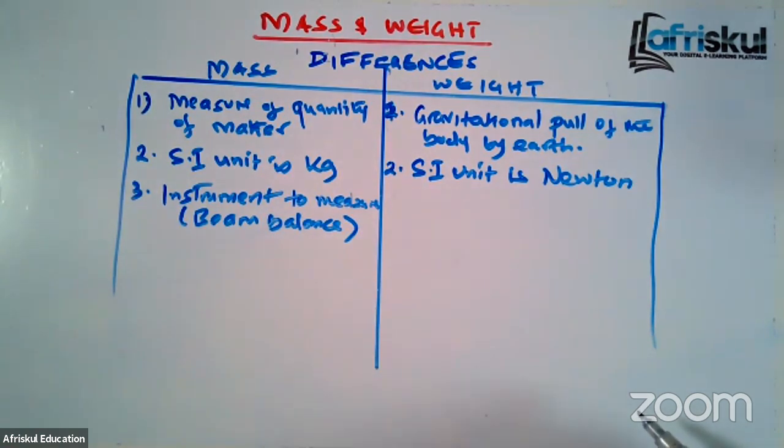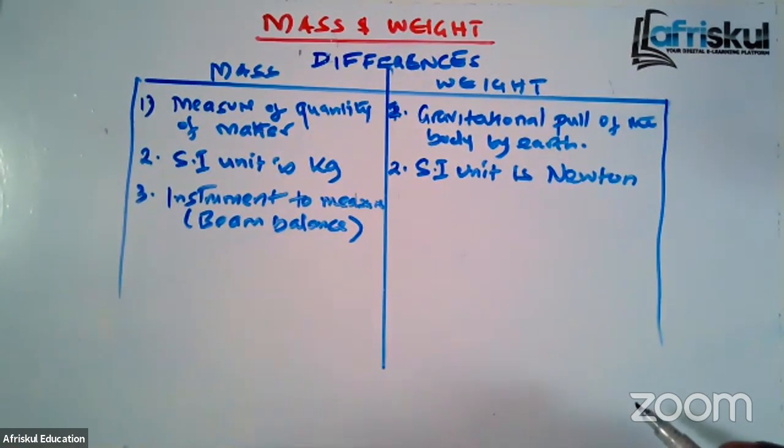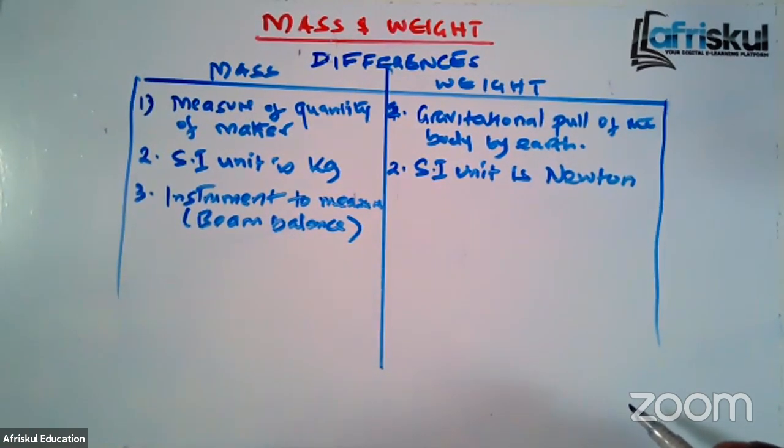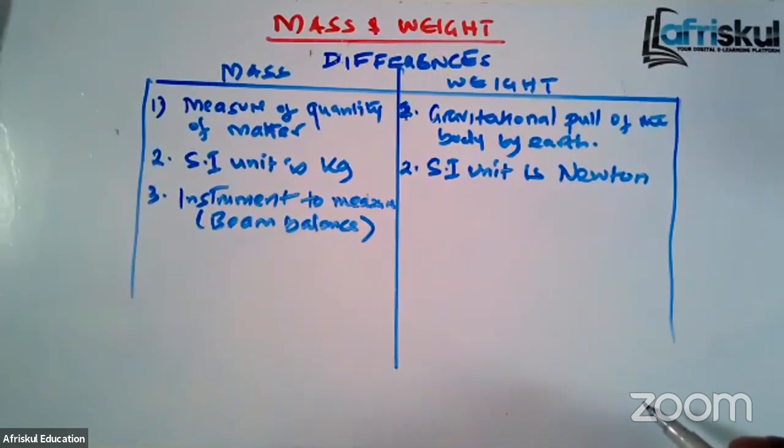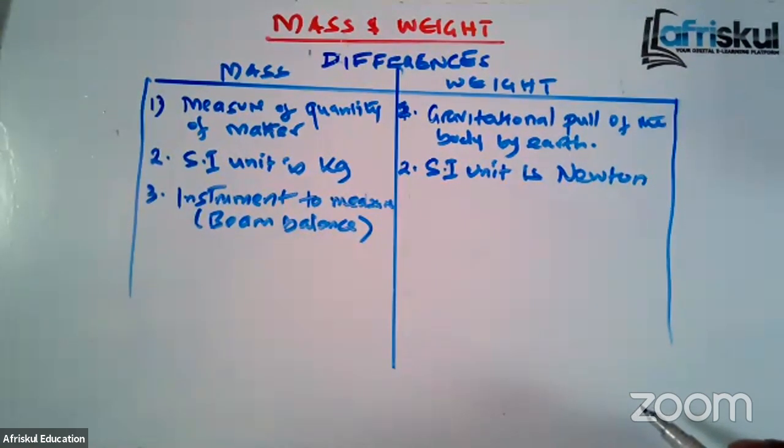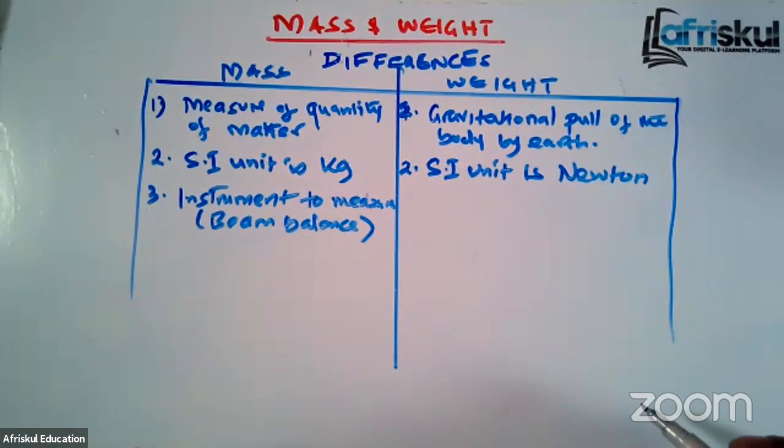Perhaps you've someday gone maybe to a supermarket or maybe to a shop or even a butchery, and you want to be given half a kilogram. So what they use there to measure that is actually a beam balance. But we also have in the physics lab beam balances.